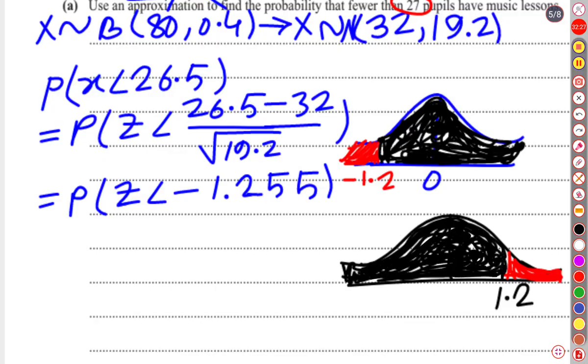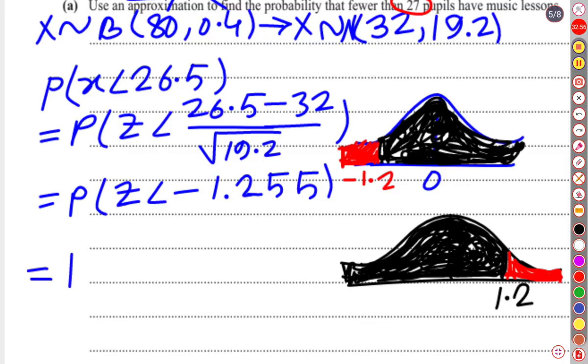There is no negative z score in the table, but it's all the same, as the red shaded part in both figures is exactly the same. So we will find the positive z score.